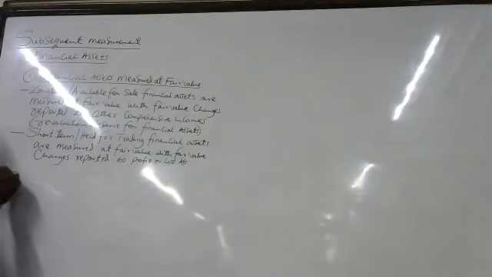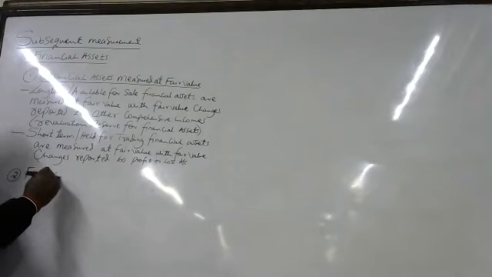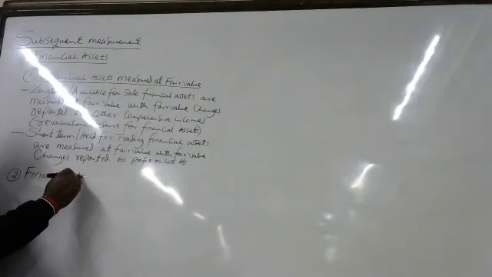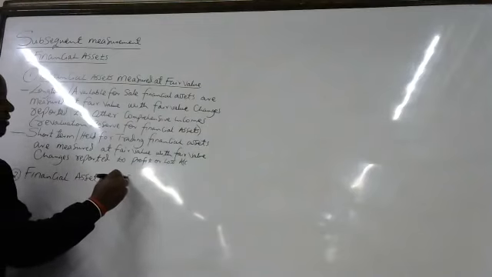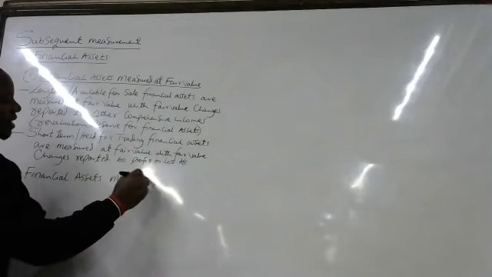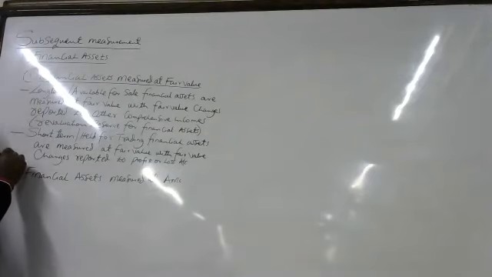Then we have the second category, financial assets measured at amortized cost. Even before that, there is a note here.